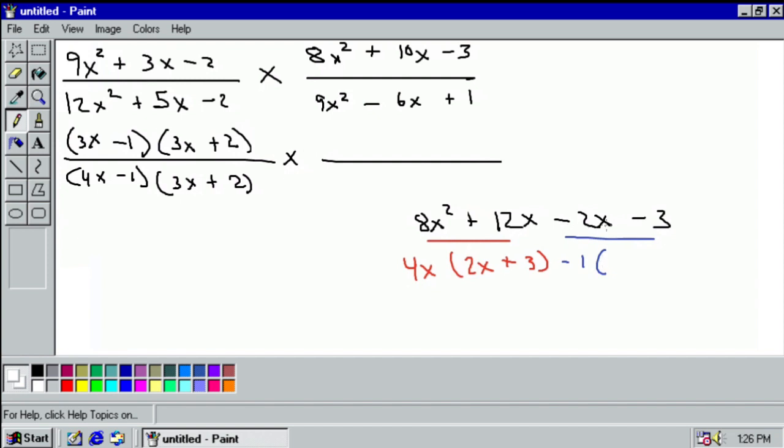Negative 2x divided by negative 1 is positive 2x. Negative 3 divided by negative 1 is positive 3. Now we have the same inside of the parentheses, which means we're on the right track. So we're going to copy the inside of the parentheses, and the other one on the outside of the parentheses is 4x minus 1.